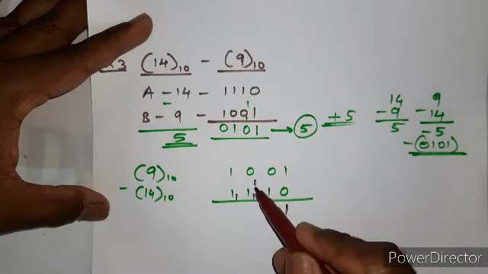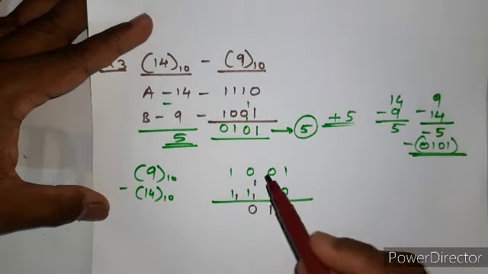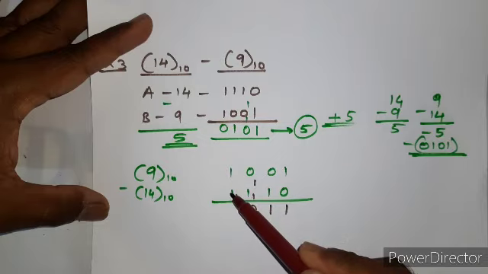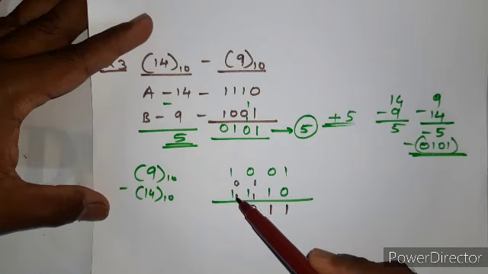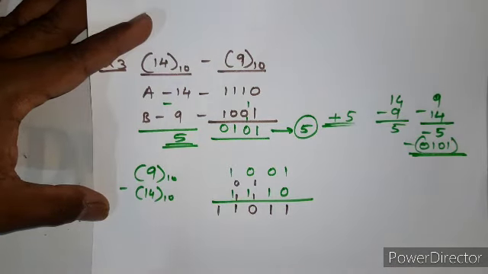And 1 minus 1 is 0. Then 1 minus 1 is 0. 0 minus 1, difference is 1 and borrow is 1. Now you can see the result is very much different.